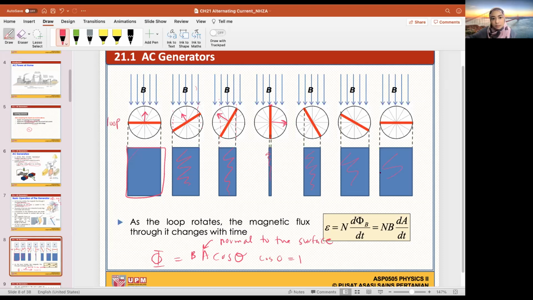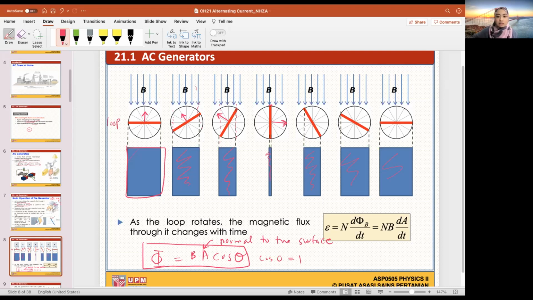So the magnetic flux keeps on changing when your coil rotates. So this is the point of this diagram. Or if you don't understand this diagram, basically you just look at this diagram, look at this equation. You know when your coil rotates, your area changes, or the angle between A and B changes.